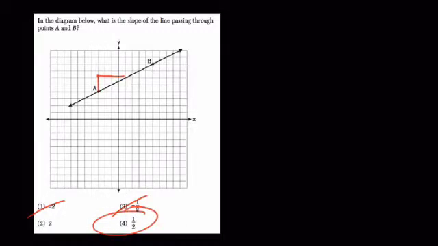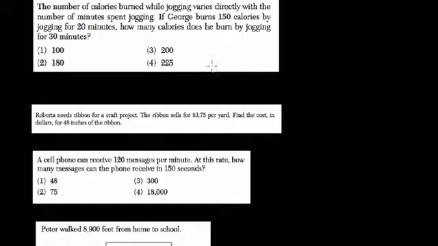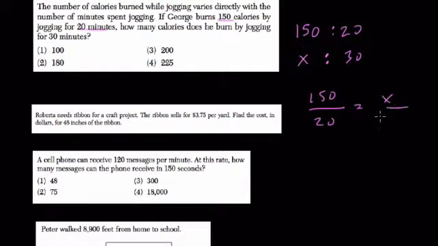Choice 4. The number of calories burned while jogging varies directly with the number of minutes spent jogging. Right, the more you jog, the more calories you burn. If George burns 150 calories by jogging for 20 minutes, how many calories does he burn by jogging 30 minutes? So I'll use a ratio, 150 calories for 20 minutes, x calories for 30 minutes, or as a proportion, 150 over 20 equals x over 30.